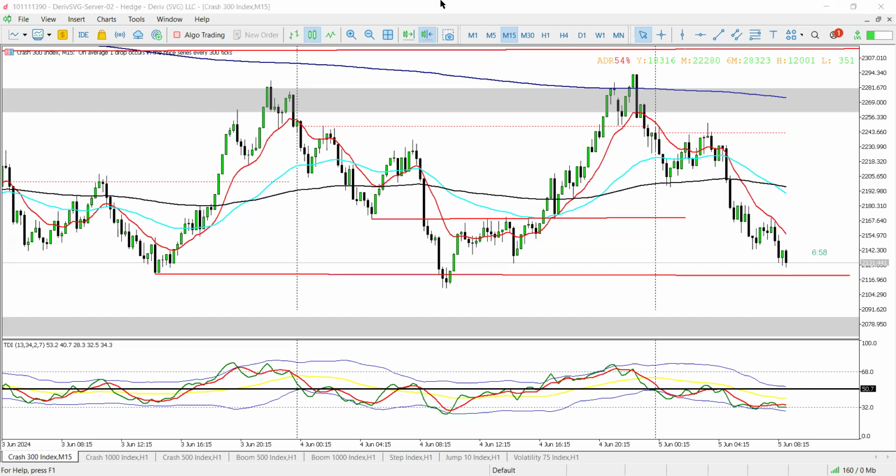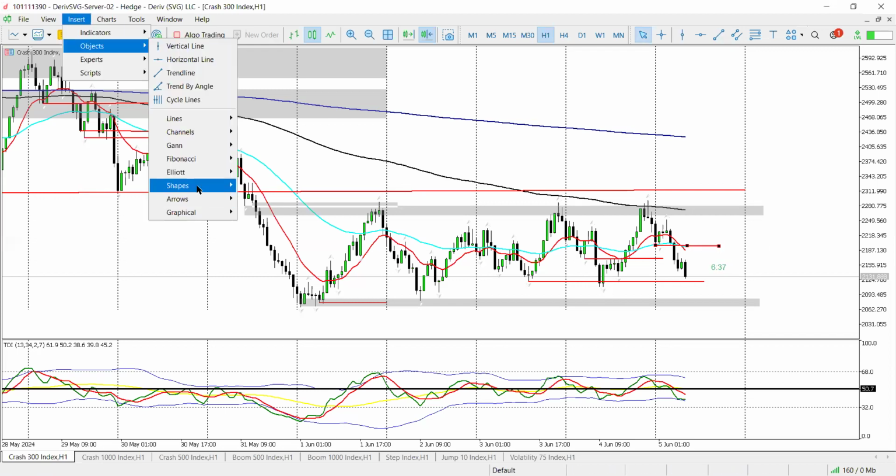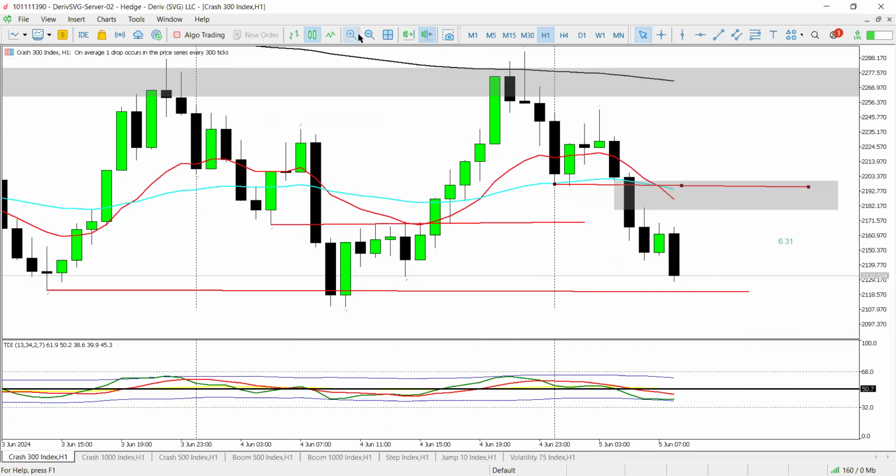So for this, I'm just going to jump back to H1 because I need a bit of a higher time frame. Okay, so we've got this structure which was broken there, which is within an H1 imbalance or fair value gap.